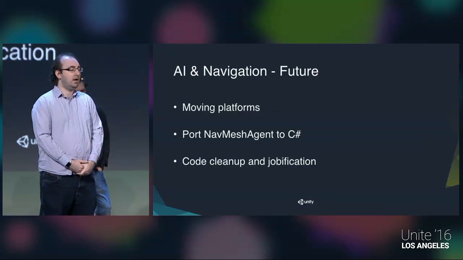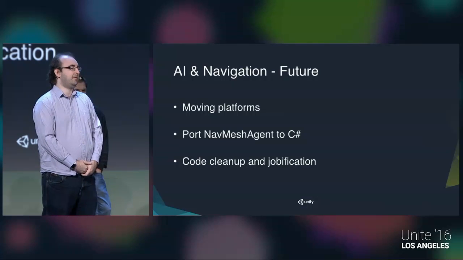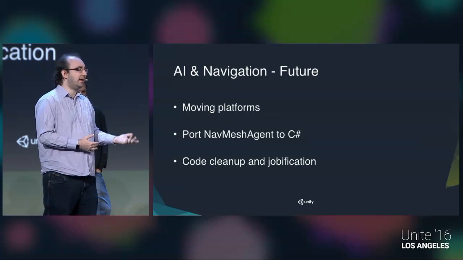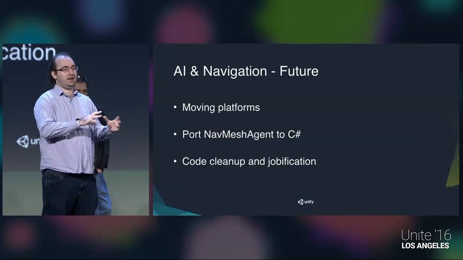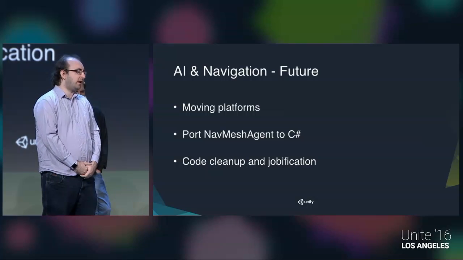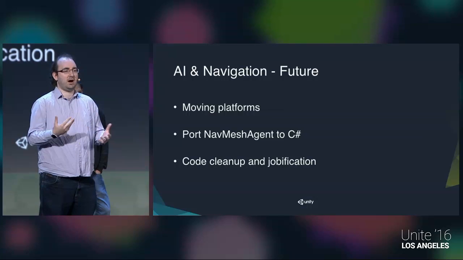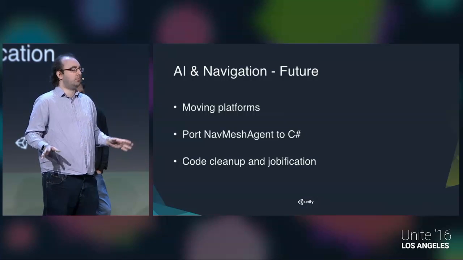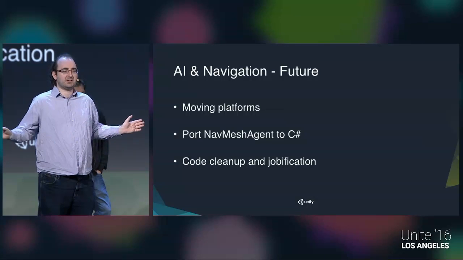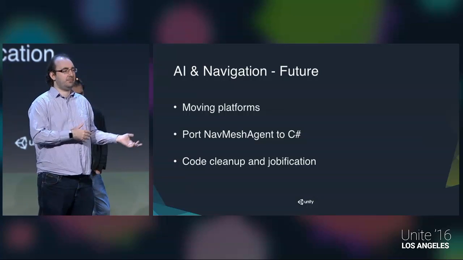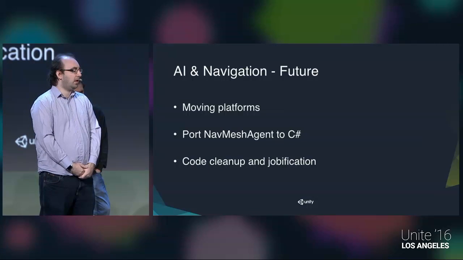You can do some stuff with this just using runtime rebaking or making the nav mesh surface move with the platform itself. But there can be some problems where the agents lose track of their paths and so on. So even what we have today may work for some situations, but it's got some constraints. We want to take the constraints away so you can really just have stuff moving around and have it all work completely fine.